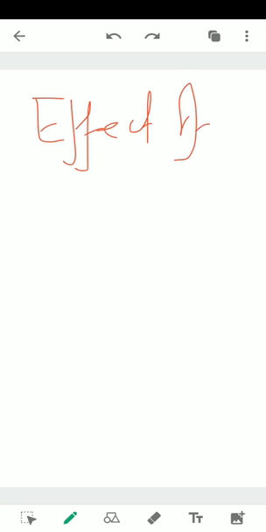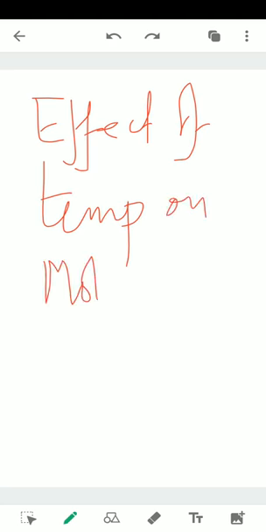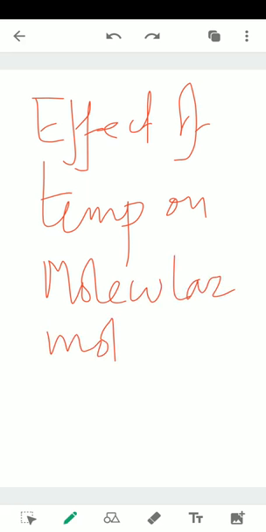So I can write: effect of temperature on molecular motion. What do you mean by molecular motion is, as you know, all the molecules of a certain substance will always be in random motion. This motion is called molecular motion.